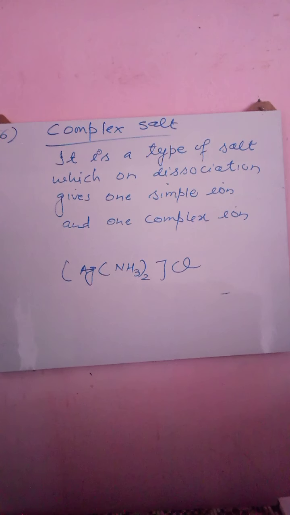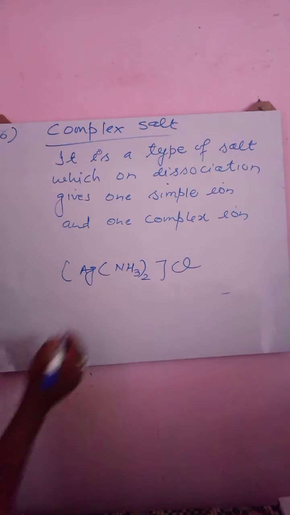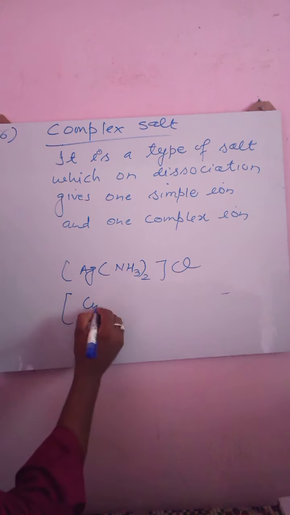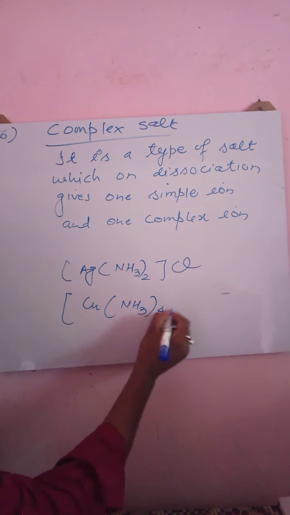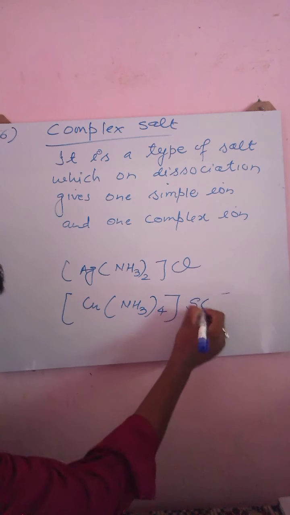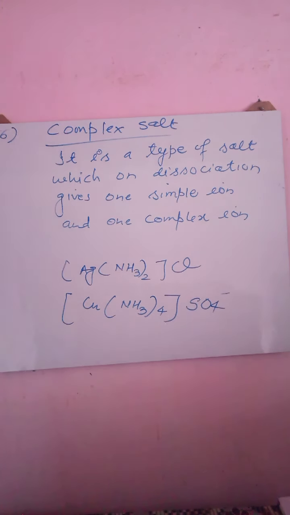Tetraamine copper second sulfate is also a type of complex salt which on dissociation gives one simple ion and one complex ion, as I have given in the example of sodium argentocyanide.